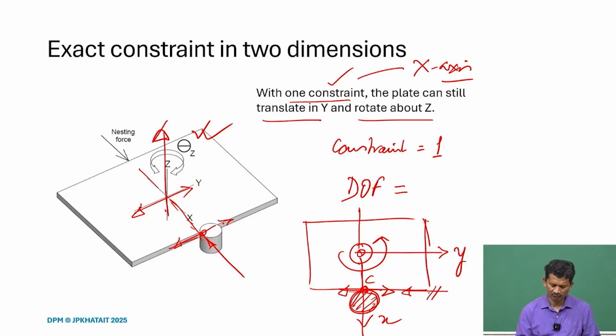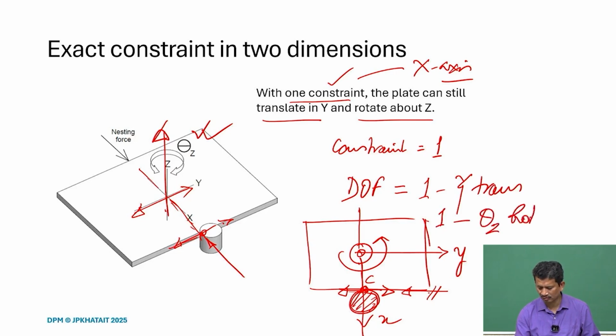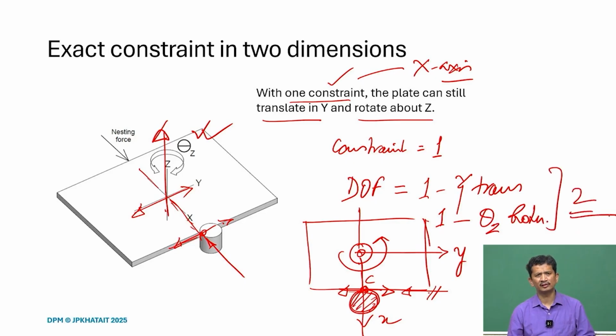So, therefore, we will have one rotation, y translation, and one rotation which is theta z rotation. So, total 2 DOF we have in this case. Of course, we are considering only the 2 dimensional case, so we should be aware of that.